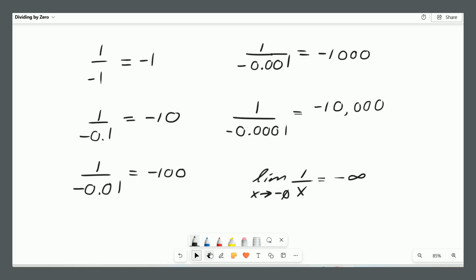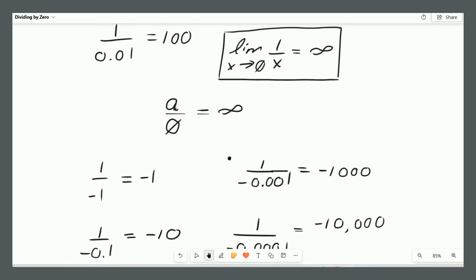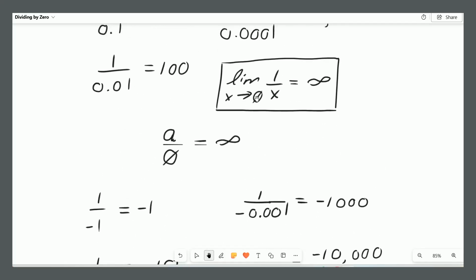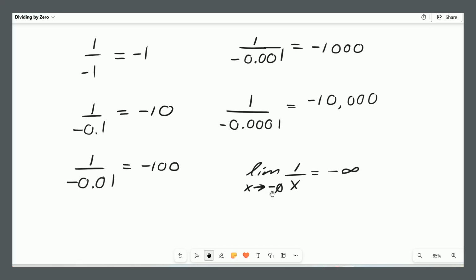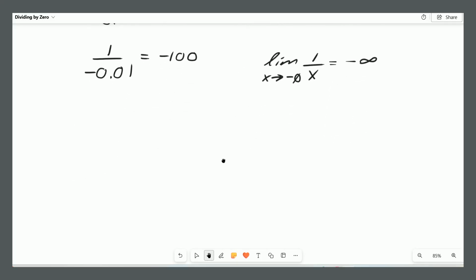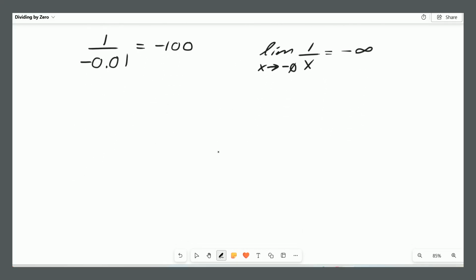So if we're dividing by something that's getting closer and closer to positive 0, we're getting closer and closer to infinity. But if we're dividing by something that gets closer and closer to negative 0, we're getting closer and closer to negative infinity. So where are we actually getting to if we're dividing by 0?